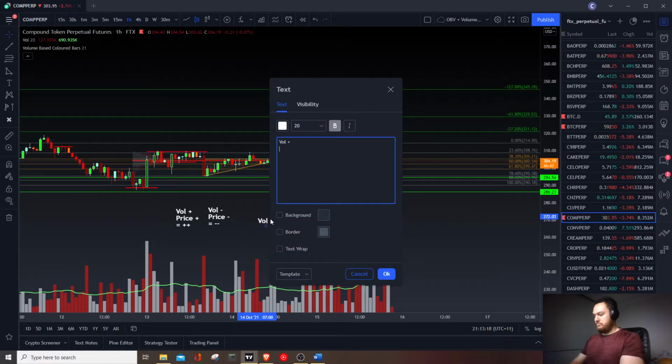Volume plus, price down equals anomaly. So you're going to have to assess the structure, you know, reversal, pullback, depending on what time frame, you know, pullback, no interest in price.